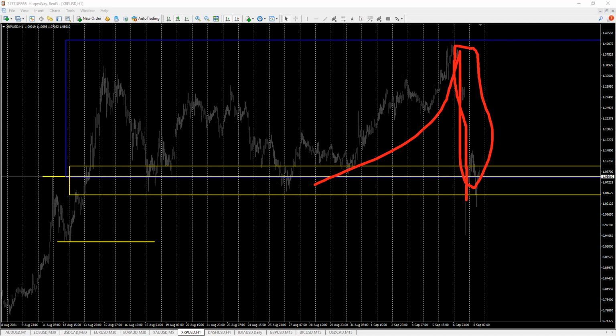Because I know this weekend, I told everybody I had sent out a signal to buy here. Where was it? No, wait, it wasn't there. It was here. Sent out a signal to buy right here.